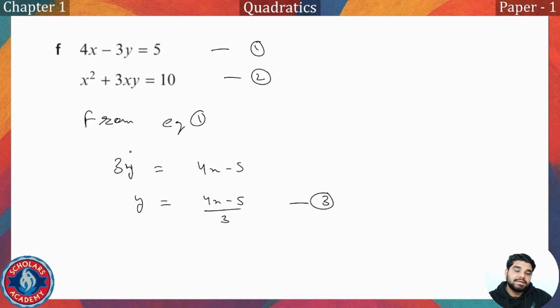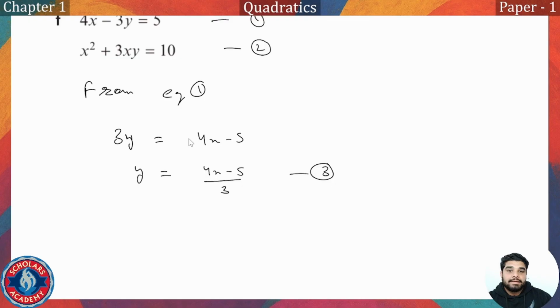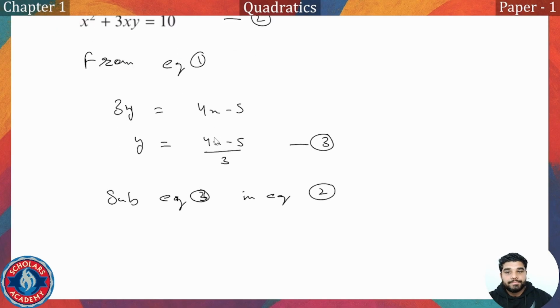So let's mark it as equation number 3, and I will substitute this equation 3 in equation number 2. So substituting equation 3 in equation 2, we get x square plus 3x times (4x minus 5) by 3 is equal to 10.